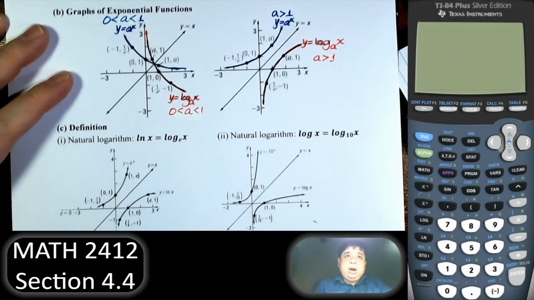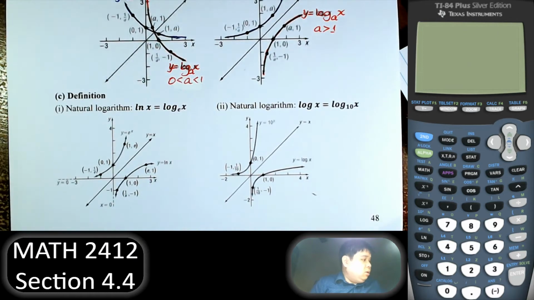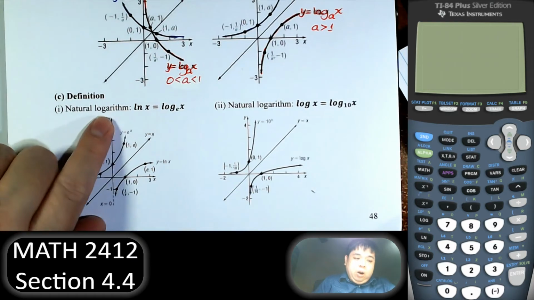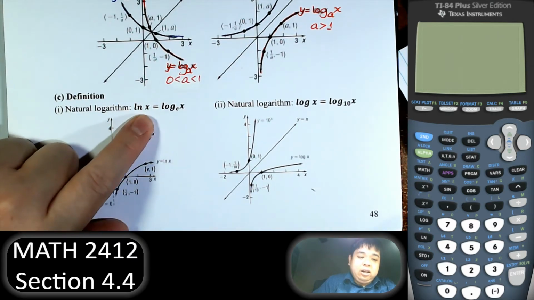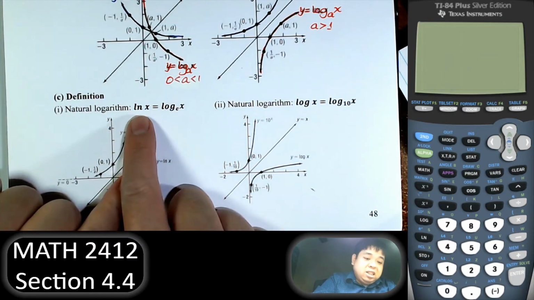Now we define other bases. We define the natural log, log base e of x, as ln of x. So ln means the base is e.